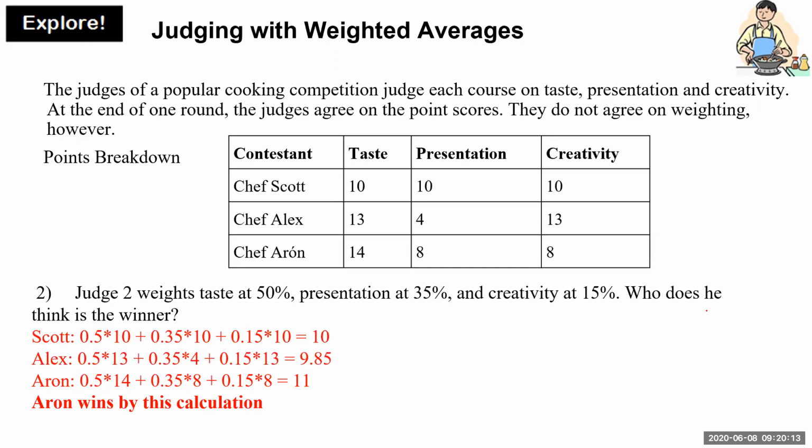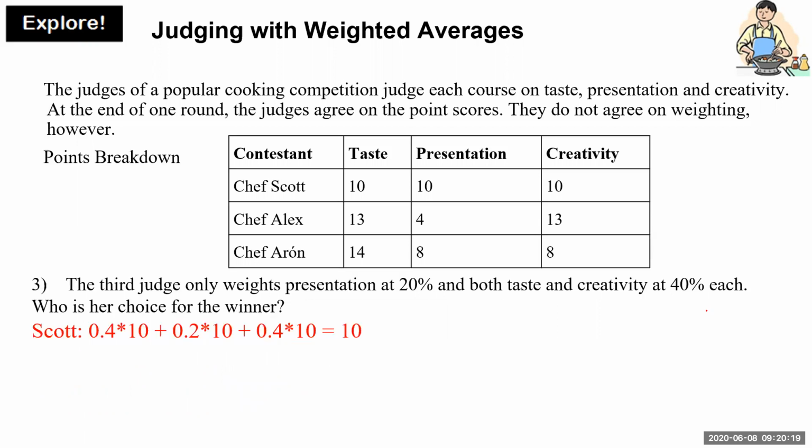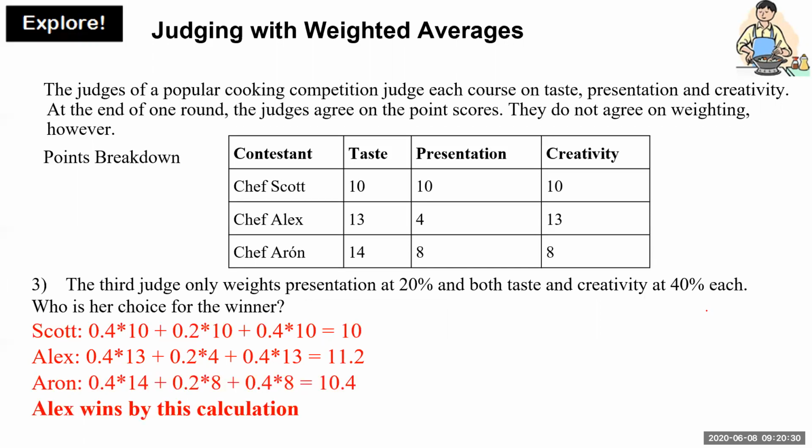Now, let's go to what Judge 3 says. Judge 3 has a different preference as well. Judge number 3 says that, for me, presentation is 20% and both taste and creativity 40%. Now, according to him, Alex becomes the winner at the end of the day.